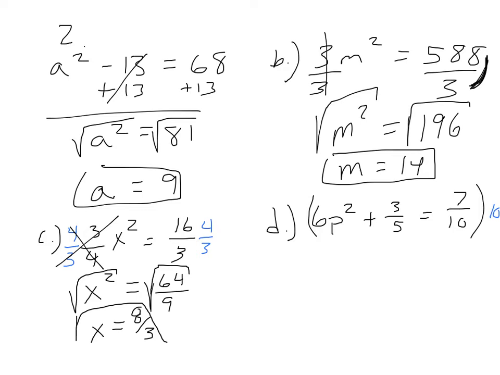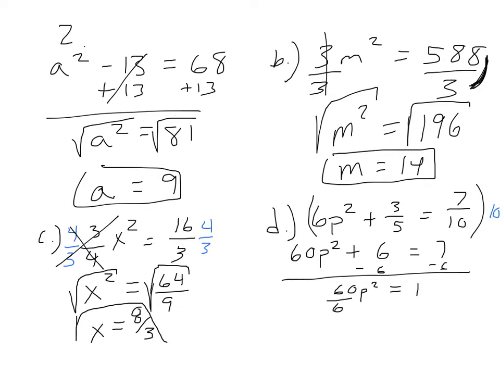When we do that, we'll have 60p squared plus 30 over 5 equals 70 over 10. And that's the same as saying 30 divided by 5 is really 6. And 70 divided by 10 is really 7. When you subtract 6 from each side, you can see that 1 is equal to 60p squared.